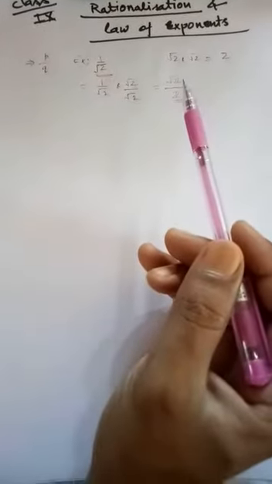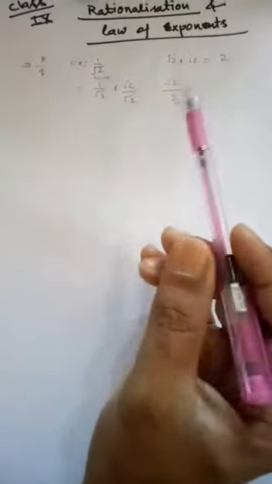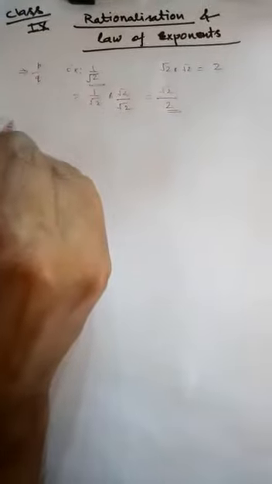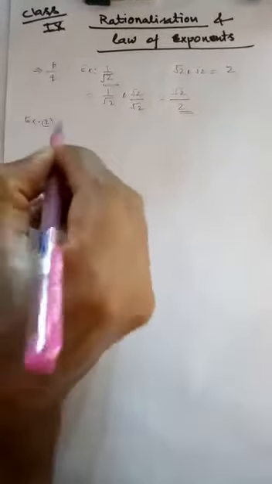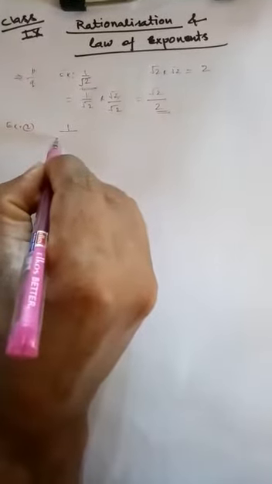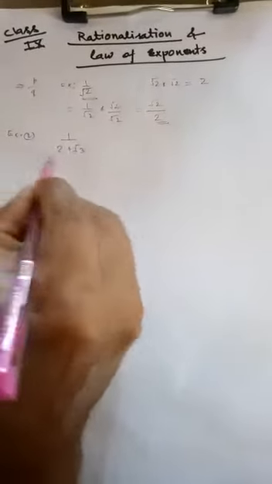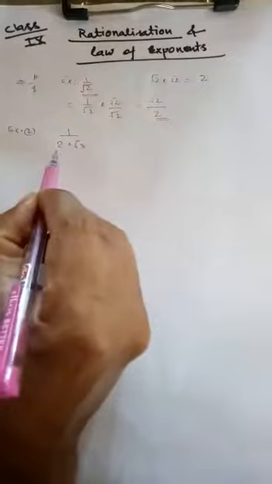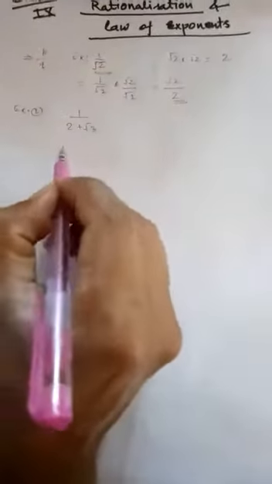Let us take one more example. Example second: rationalize the denominator of 1 upon 2 plus root 3. Now here in the denominator there are two quantities. So how can we rationalize?